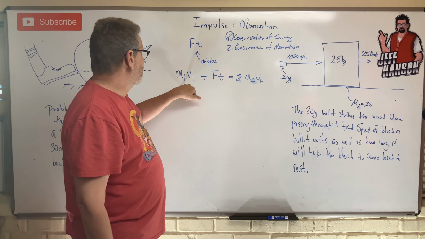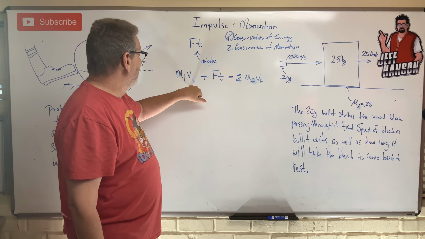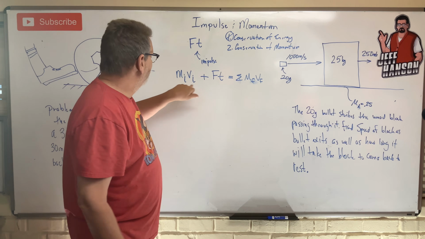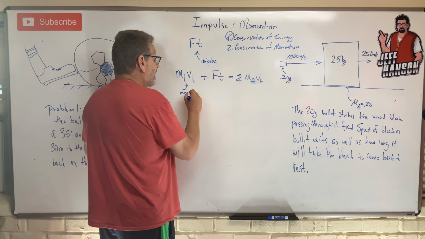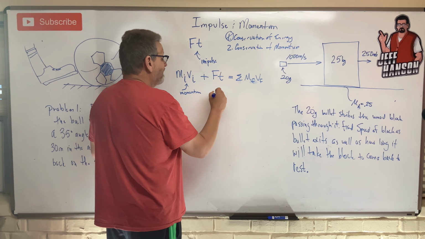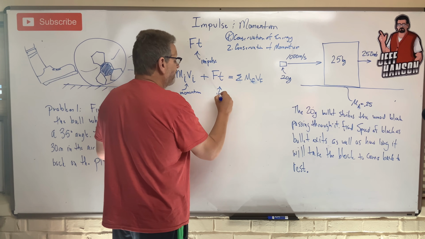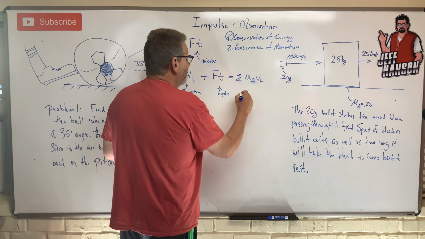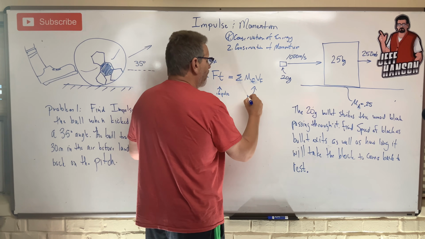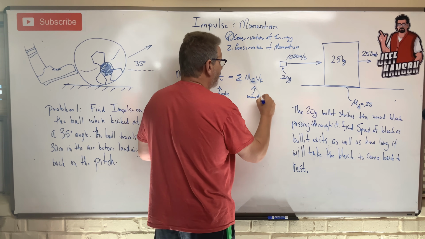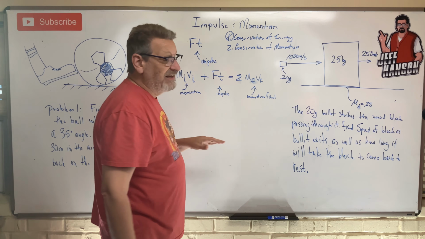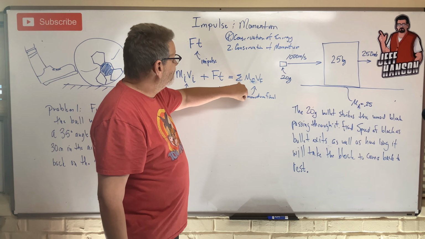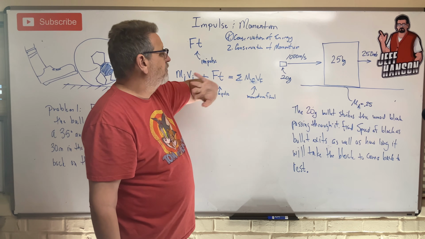So we've got the initial mass times velocity plus the impulse. So this here is momentum, momentum coming into the system. This is the impulse. And then this here is the momentum final, or the momentum leaving the system. And notice there's a sum there. We'll do that especially when we talk about this.